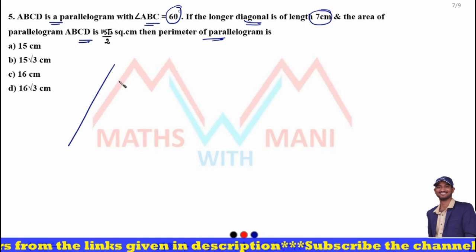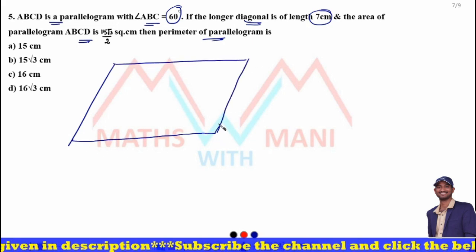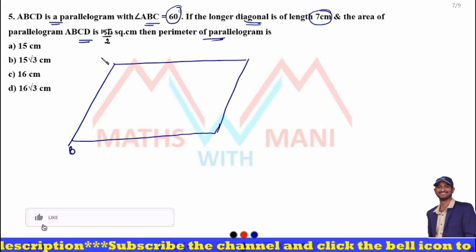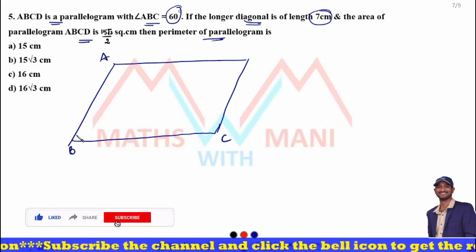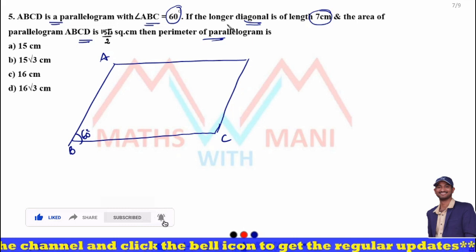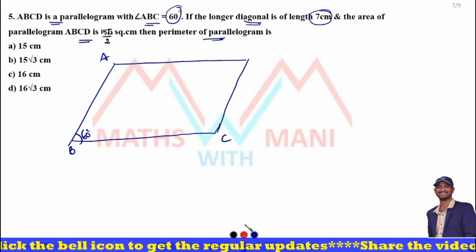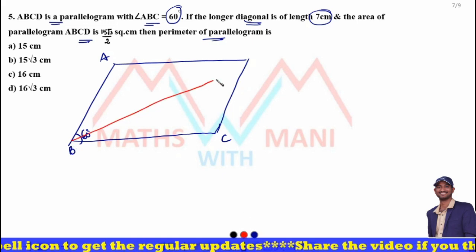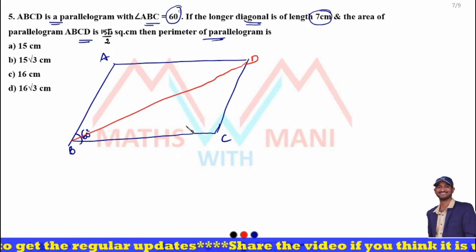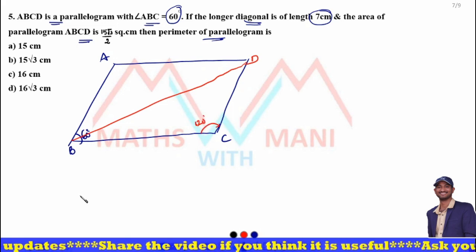Suppose I take a parallelogram ABCD. Since the acute angle, angle ABC, is given as 60, the longer diagonal is opposite the largest angle. So BD is the longer diagonal because that angle is 120 degrees; since one is 60, the other is 120.